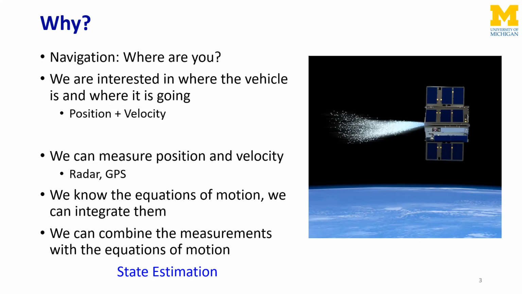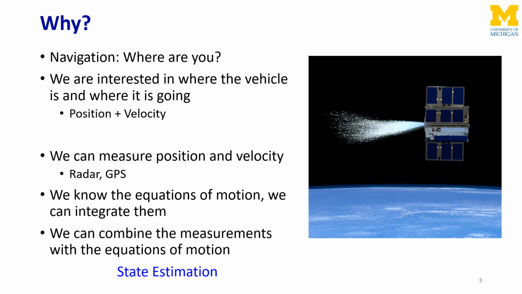Now, we can measure the position and velocity using sensors like radars and GPS, but these are not necessarily going to be reliable or available all the time. For most applications, we actually know what the equations of motion are, using the Newton-Euler method or the Lagrange method. We can integrate these equations to get our states, which include the position and velocity.